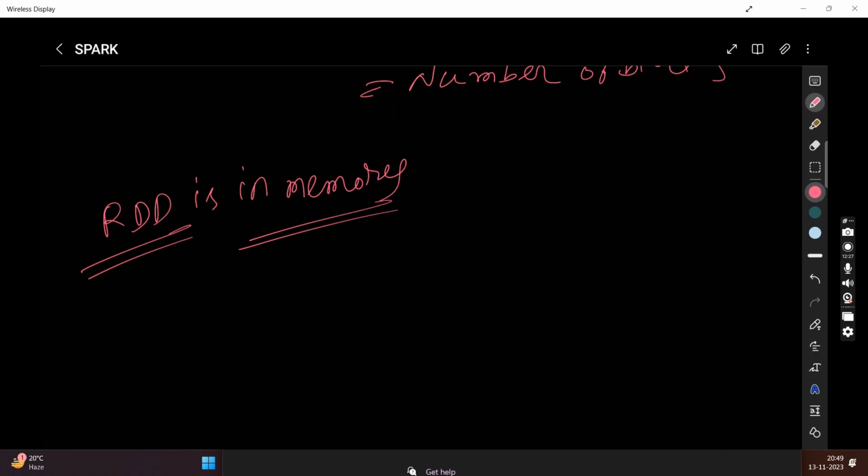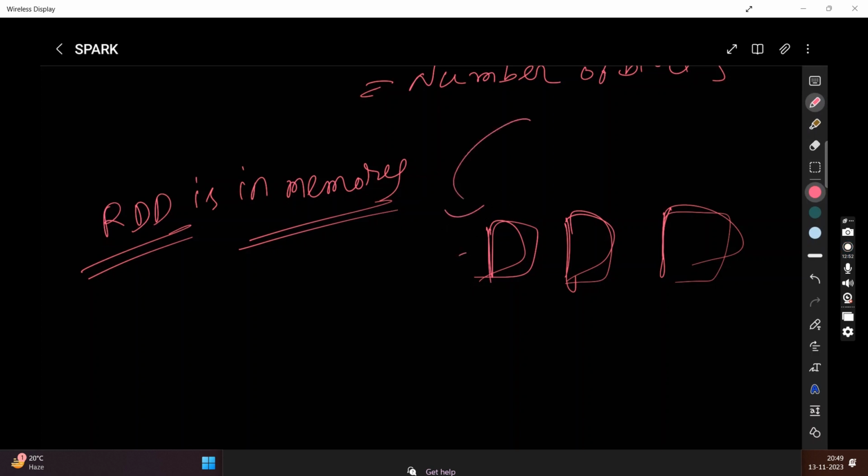So RDD will have 4 partitions. The data will be loaded from HDFS and stored in memory, which means RAM, and it is distributed among the 3 worker nodes. That's why it is a distributed dataset. RDD is distributed among these worker nodes in the form of partitions.